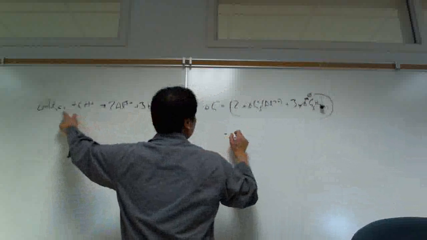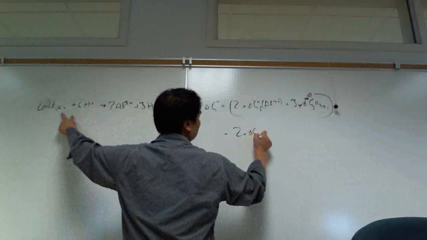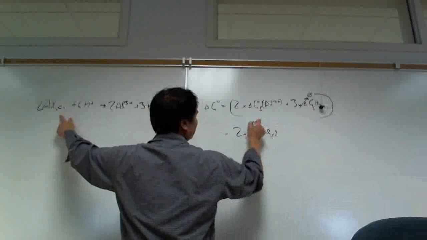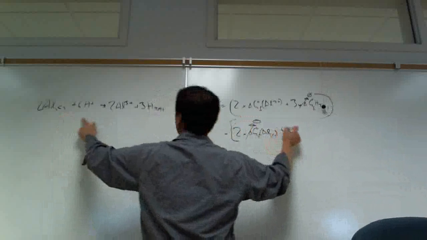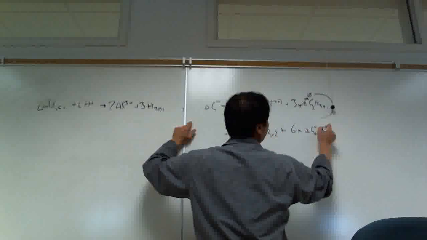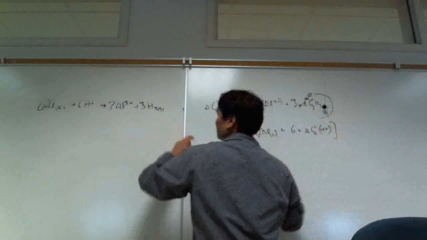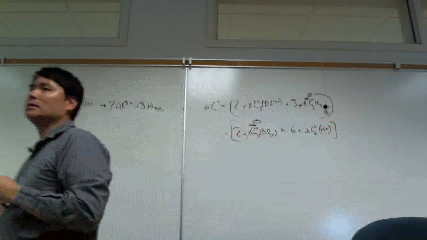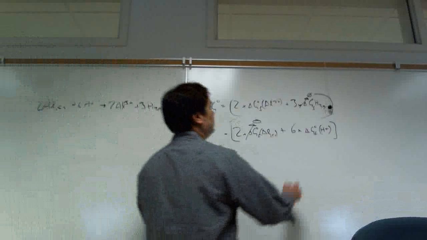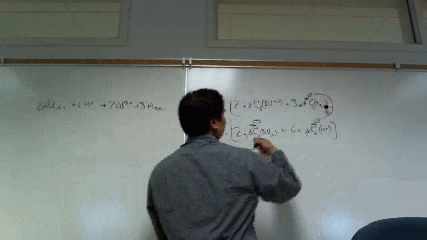Minus 2 times the delta G of formation of aluminum, which you should know. This has got to be 0. Plus 6 times the delta G of formation of H plus. What is the delta G of formation of H plus? You should know that one too, right? These zeros are different.